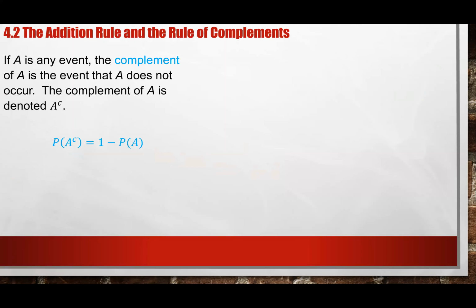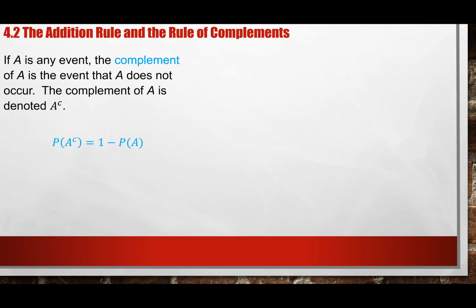If they ask you to find the complement of A, and we know the probability of A, then the complement of A is 1 minus that probability. Why 1? Because the maximum probability that we can get is 1. The maximum percentage we can have is 100%.